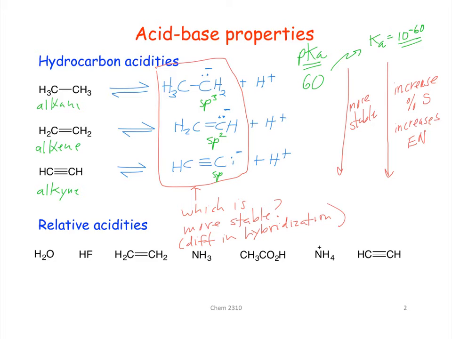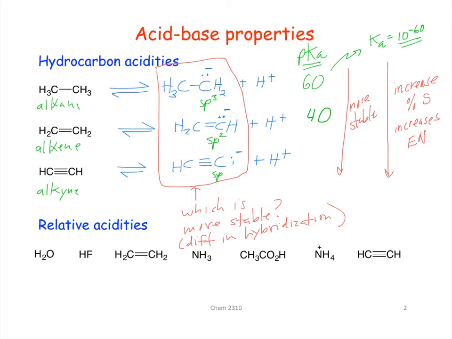Now, from our prediction, if we go down to here, this should become more stable than the one up here. So what should happen to the pKa? The pKa should go down because this should be a stronger acid. And in fact, the pKa does go down. This pKa is around 40. So we're going down 20 pKa units.